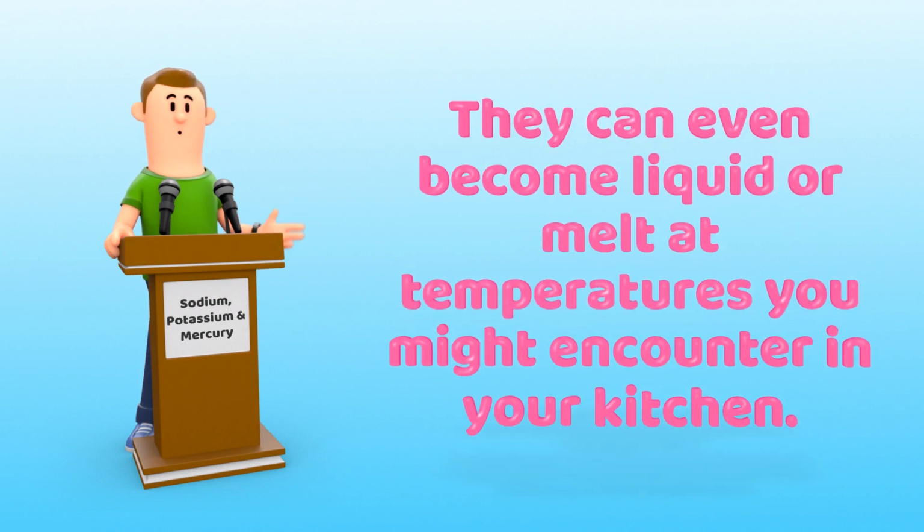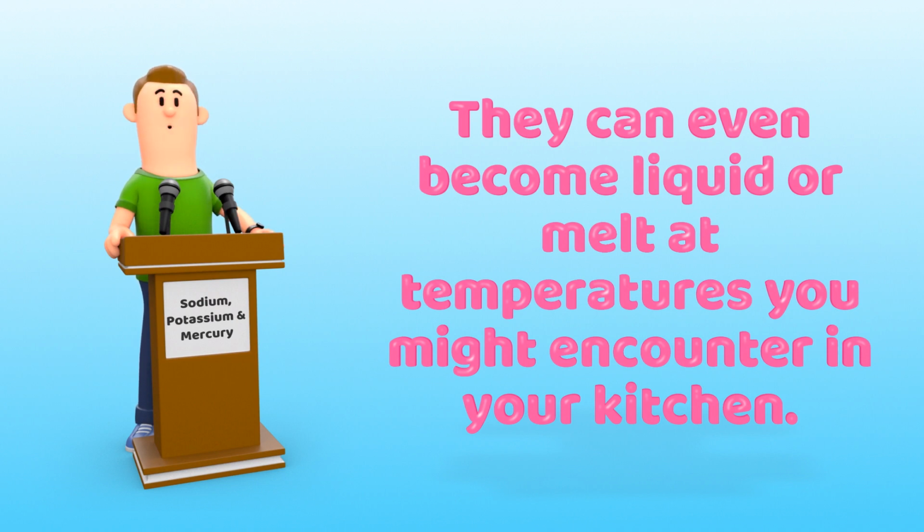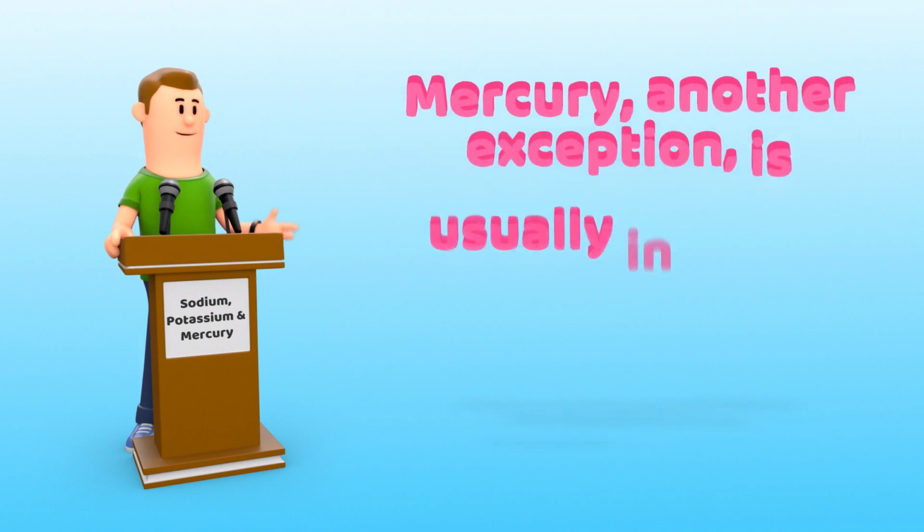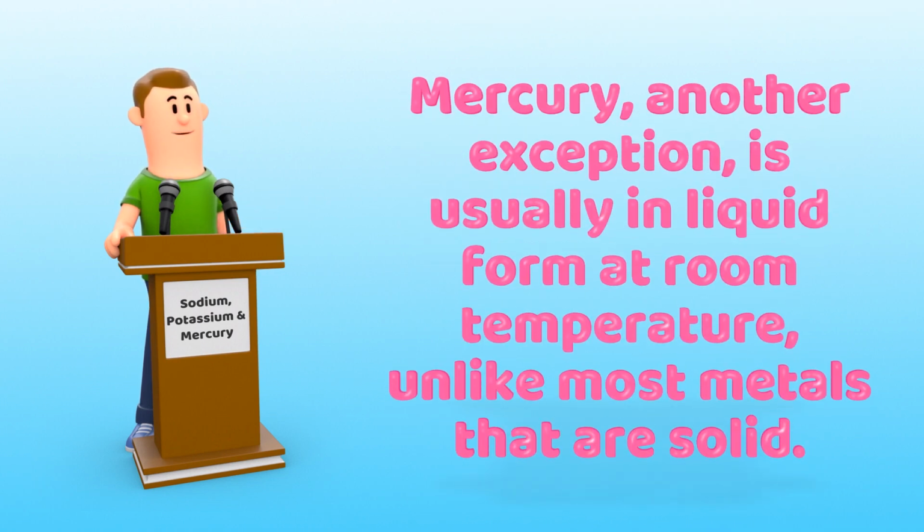These elements can even melt at the low temperatures you encounter in your kitchen. Another exception is mercury, which is usually in liquid form at room temperature. This is different from other metals, which are usually solid.